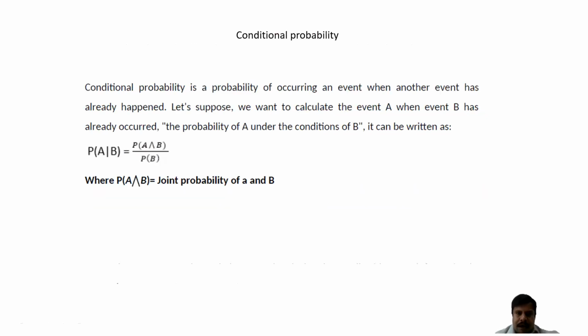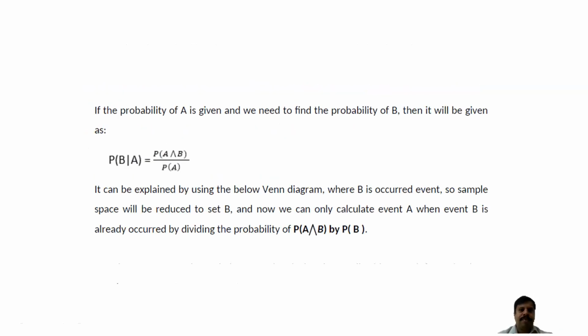While P of A by B means the probability of B is already given and we need to calculate the probability of A under conditions of P of B. Clear?